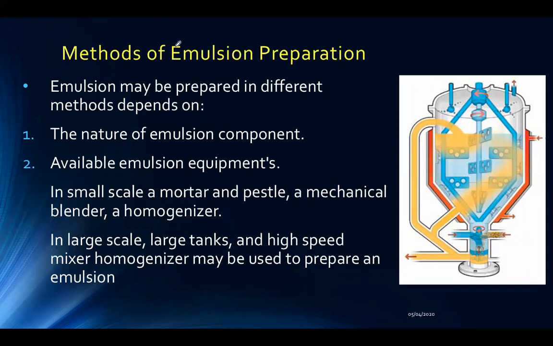Small scale preparation uses a mortar and pestle or certain small equipment, mainly available in laboratories or pharmacies. To produce an emulsion on a small scale we mainly use small equipment, mainly the pestle and mortar.